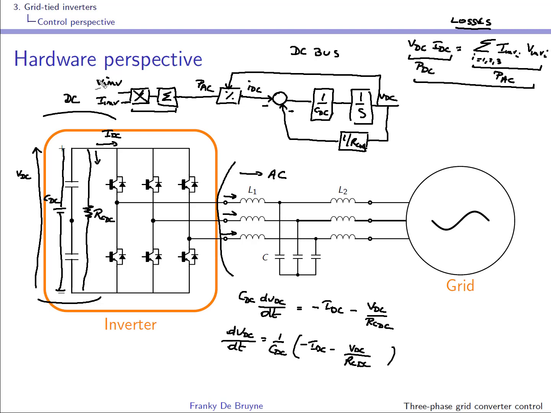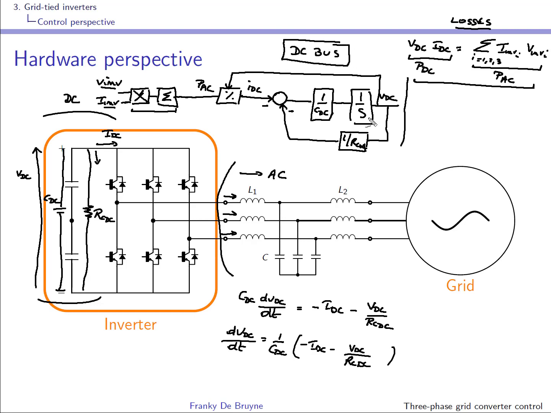This comes from my other model, and this comes from my other model. So I take my AC power, I divide by VDC, I have the current IDC, and this allows me to construct a model of my DC bus.